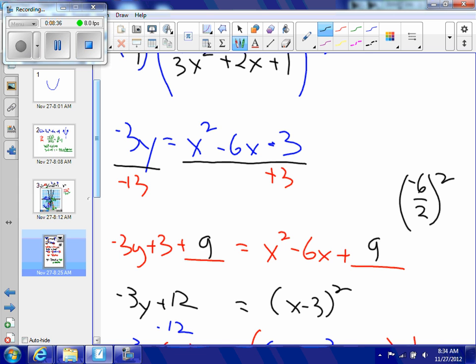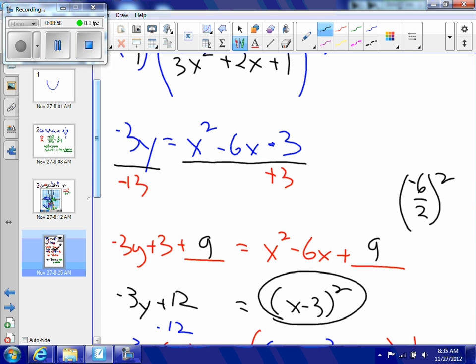I need to get this expression into being a perfect square. I know that x squared minus 6x minus 3 is not a perfect square. It's not even factorable, right? But I need to have it factorable so I can have it in this form down here, right?